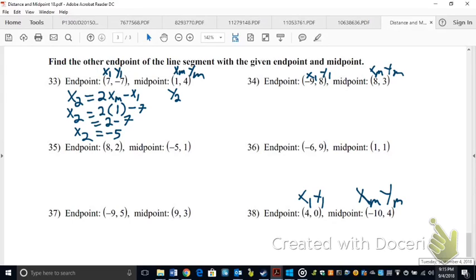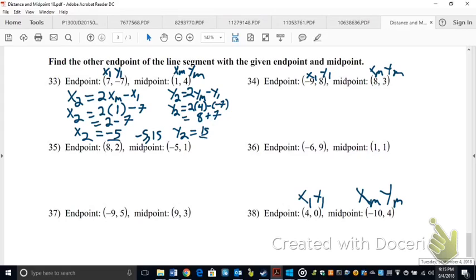Now we have y sub 2 equals 2 times y sub m, which is 4, and then we subtract a negative 7, which turns into 2 times 4 is 8, plus 7, or y equals 15. So that means our new endpoint is negative 5, 15.